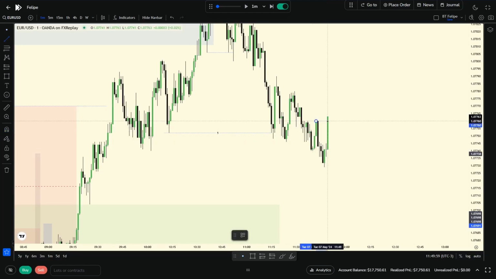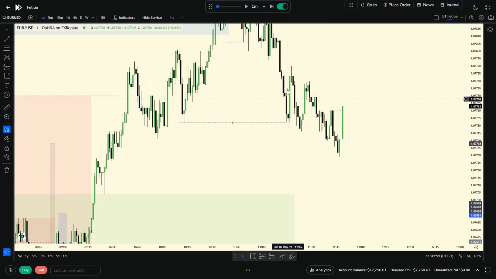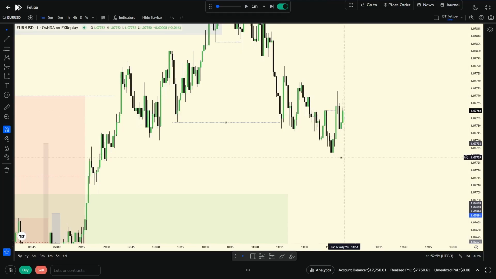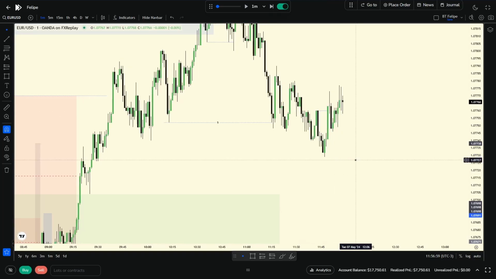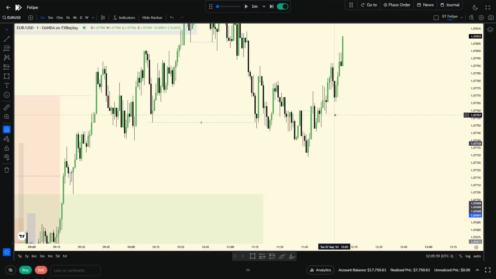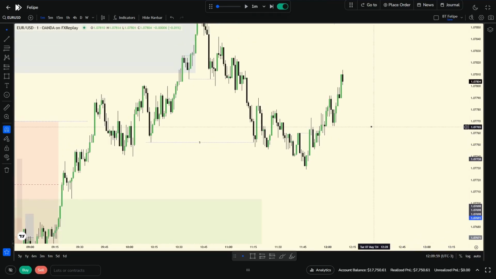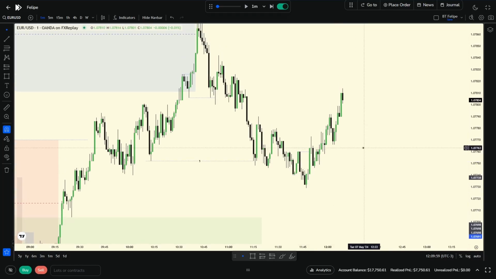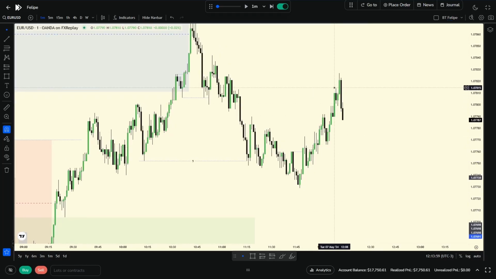Okay, maybe this can be. It's like this. Here, here, here. Took out above. Maybe take out below. Okay, now it's here. Okay, gave it manipulation here.